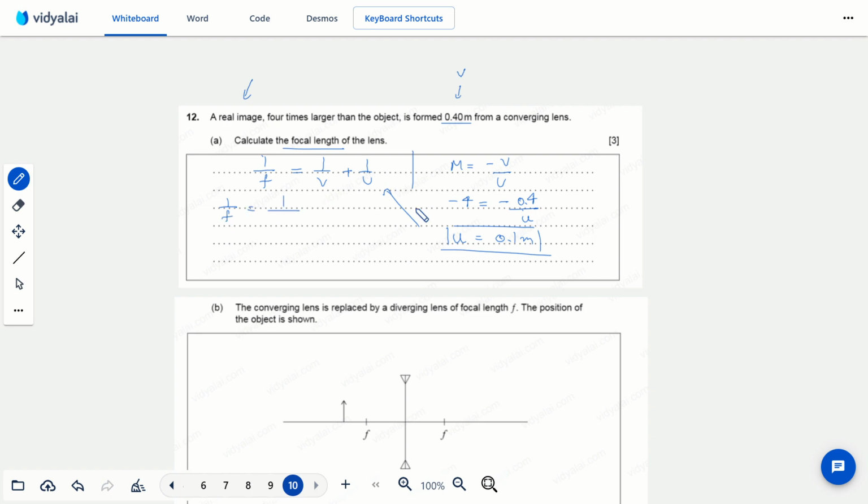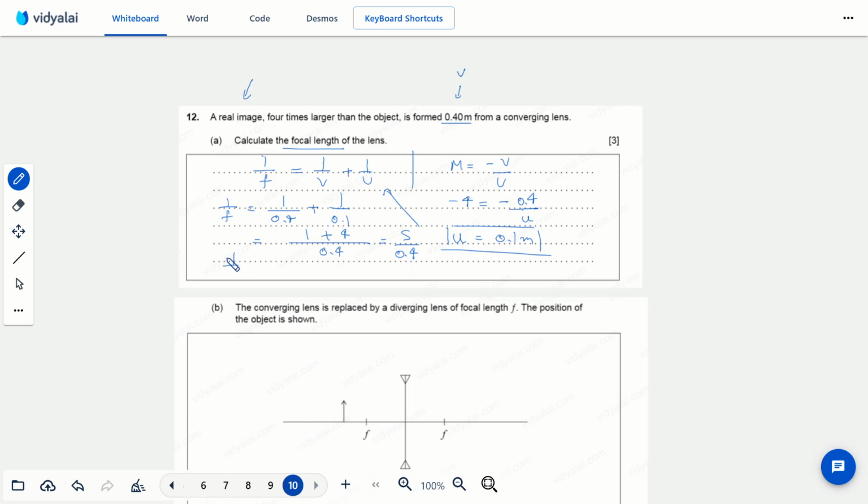Instead of u, we substitute 0.1, so it becomes 1 over 0.1, and simplifying this equation we get 5 divided by 0.4. But we don't need this value. We don't have to find out what this fraction is equal to.